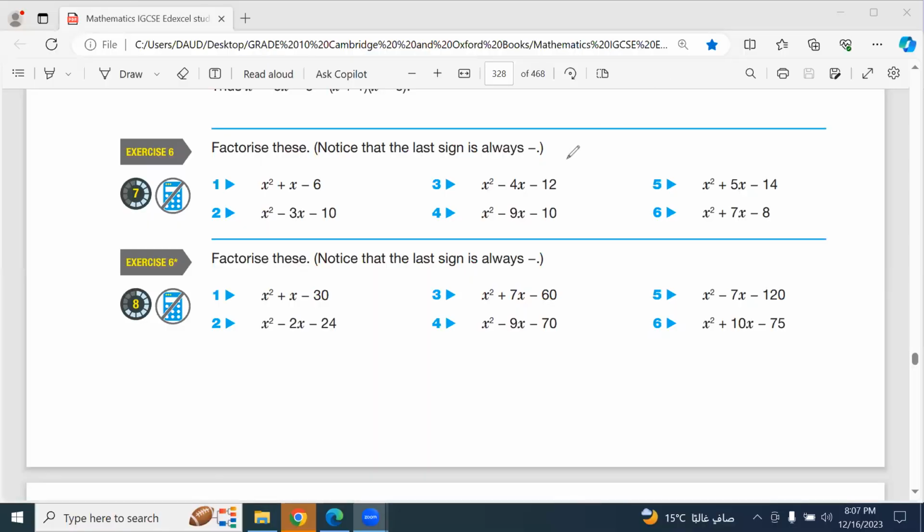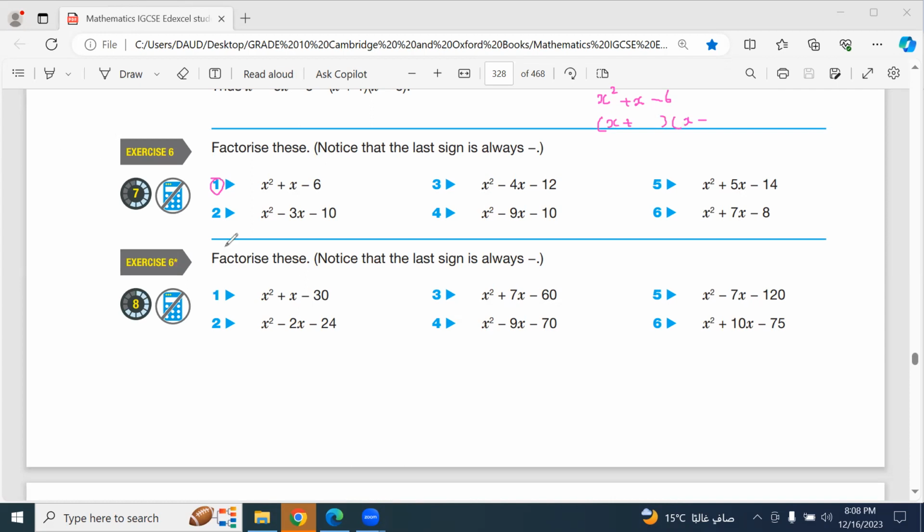Yes. Now with such type of questions, if the last sign is negative, how can we write directly in factorization? The basic idea is the same. So if I try question number one, which is x squared plus x negative 6, they say one sign positive and one sign negative.